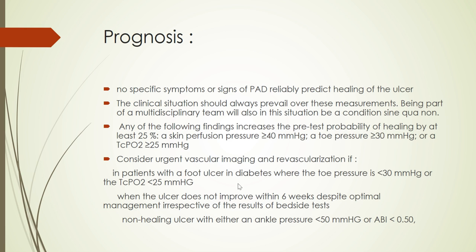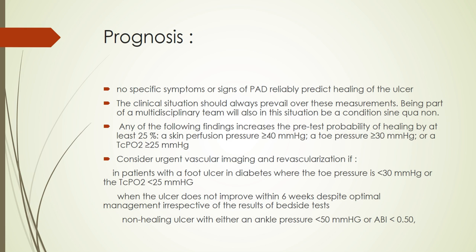And there are some conditions that indicate urgent vascular imaging and revascularization. If a patient with diabetes has an ulcer and the toe pressure is less than 30 millimeters of mercury, or TcPO2 is less than 25 millimeters of mercury, or if there is an ulcer which doesn't improve within 6 weeks despite optimal management.